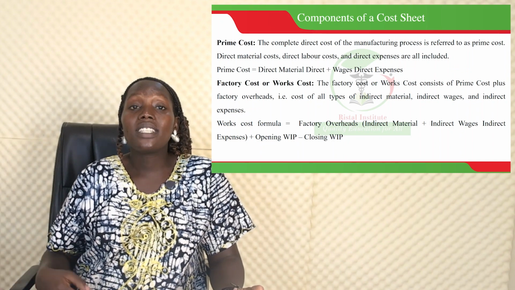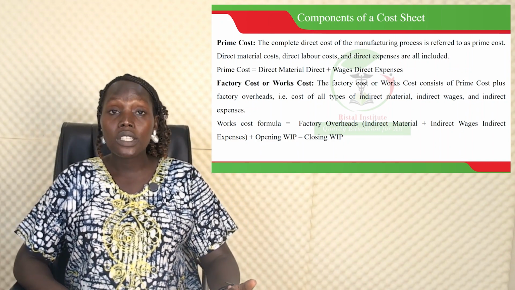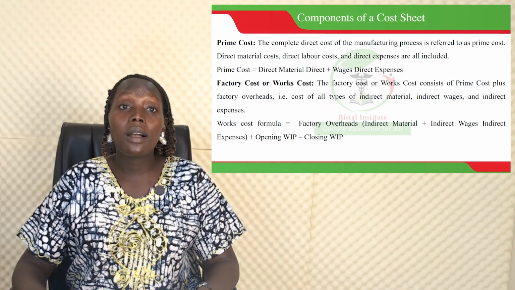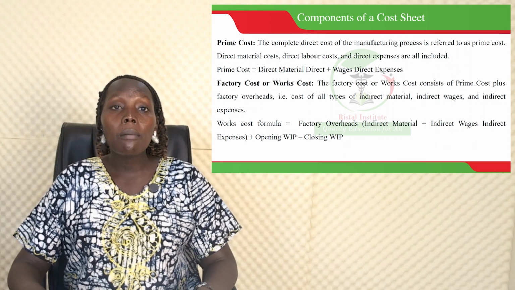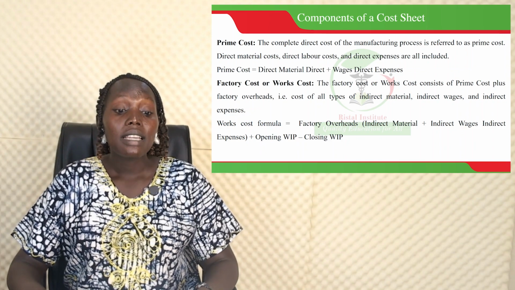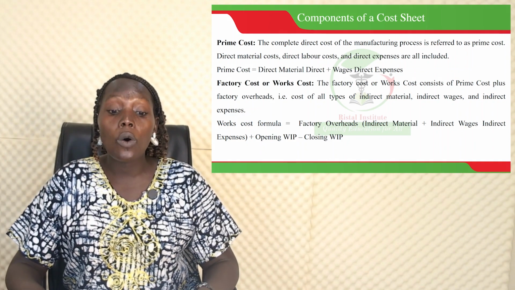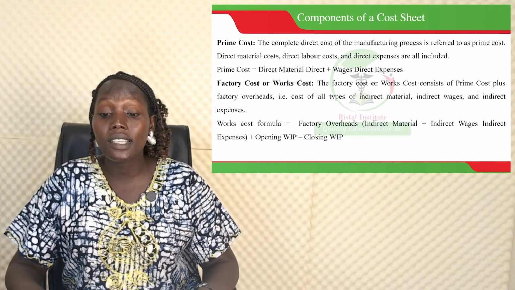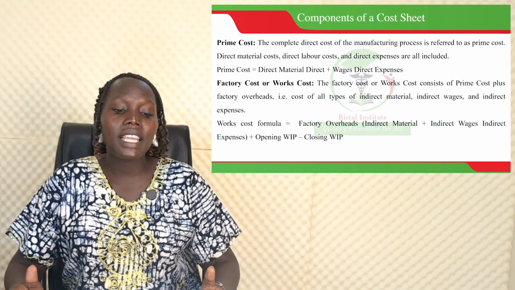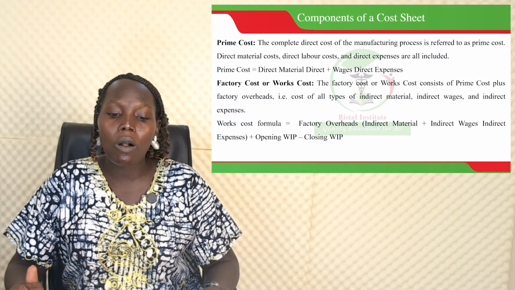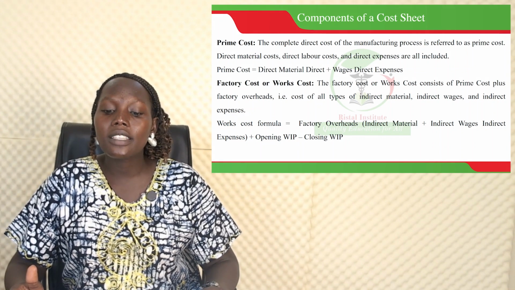So let's look at what the components of this cost sheet are. One, we have the prime cost. The prime cost is the complete direct cost of the manufacturing process. We have the direct material cost, the direct labor cost, and direct expenses.